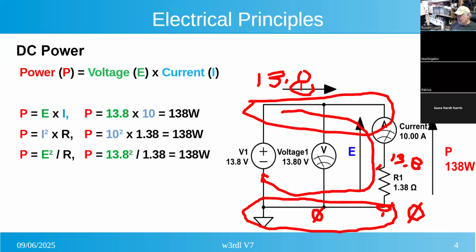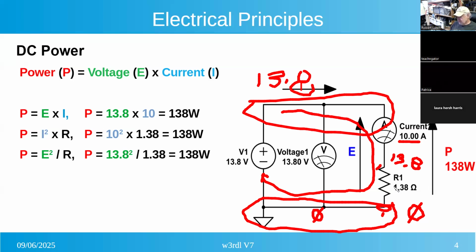Now, in this example, what we're going to do is find out how many watts that resistor is consuming. Because we have 10 amps of current flowing through it, and we have 13.8 volts. So if we look at the formula, 13.8 volts at 10 amps, there's 138 watts in that resistor.